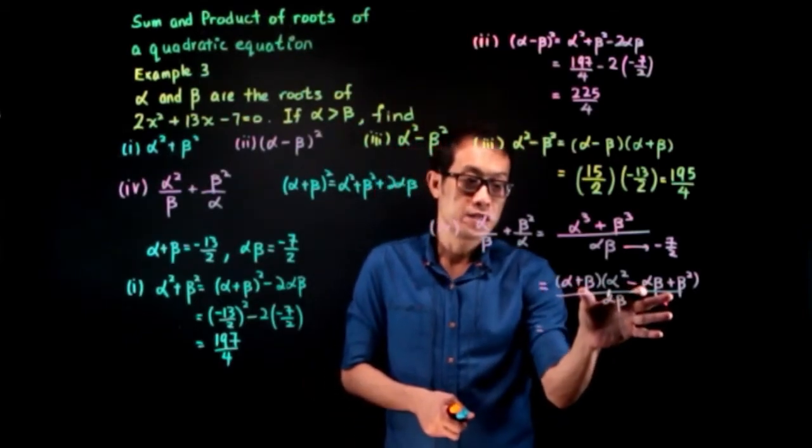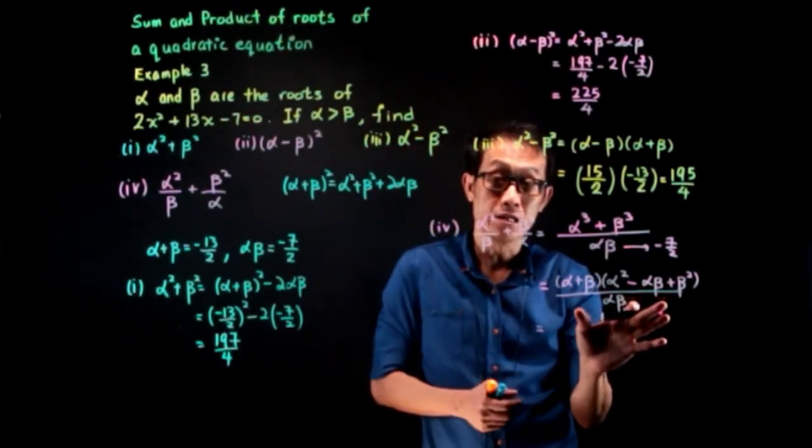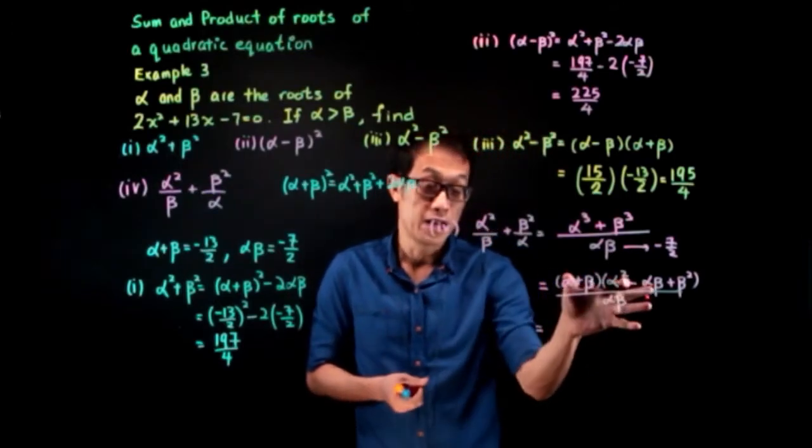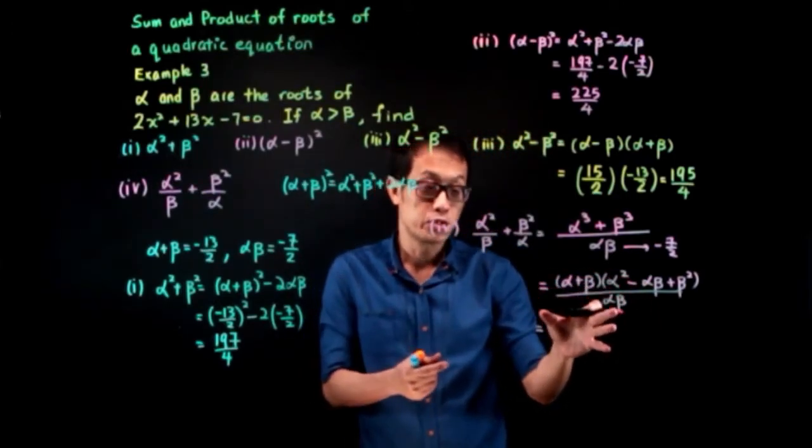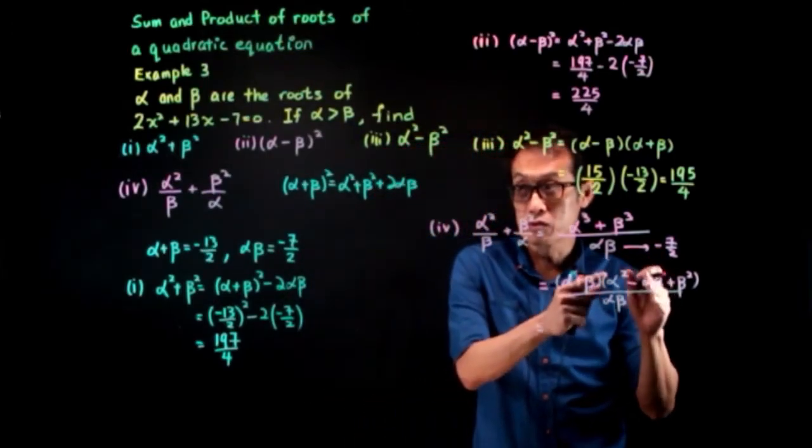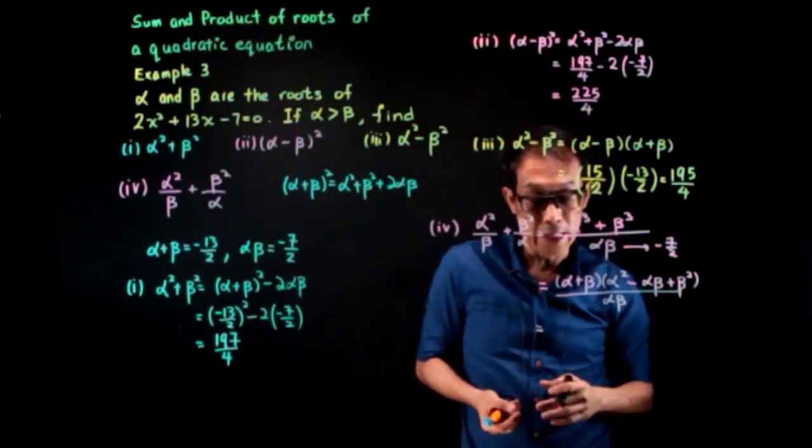If you forget this identity it is okay, because most of the time we hardly use this. We can also derive it by expansion. I will show you later.